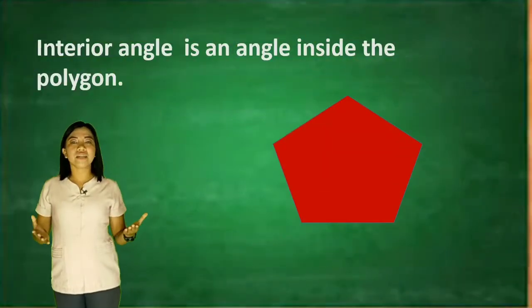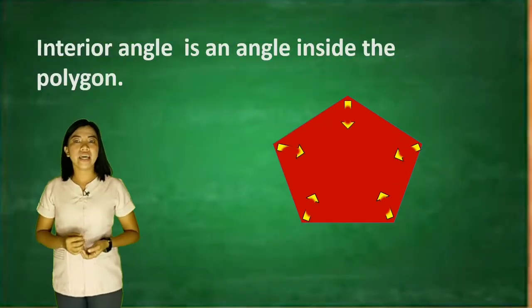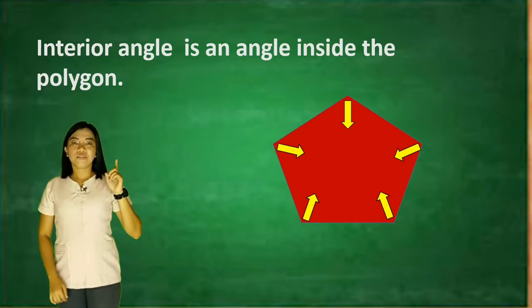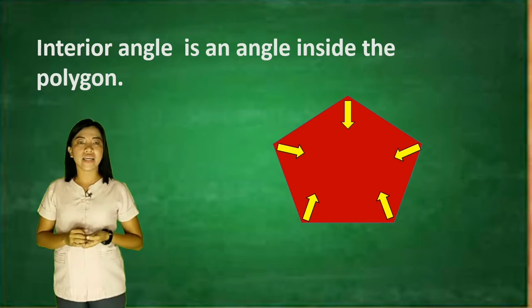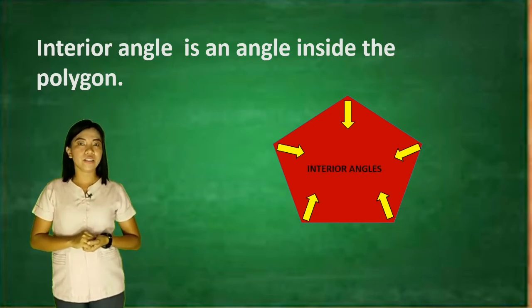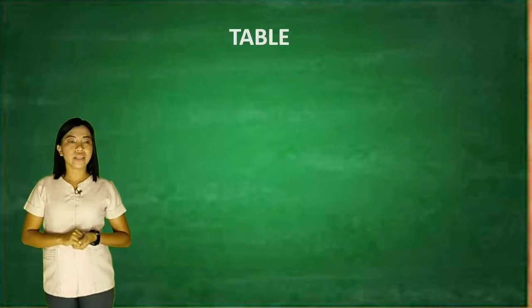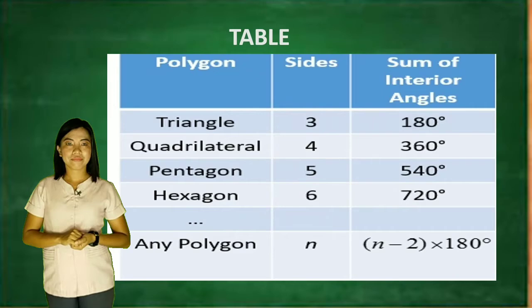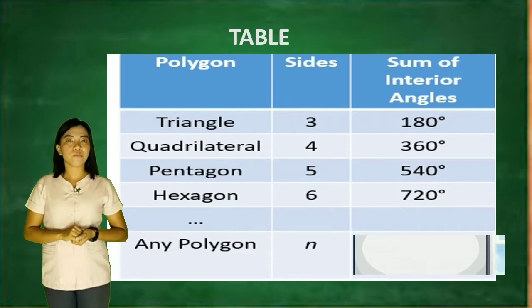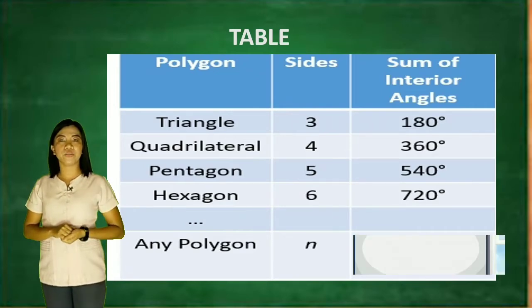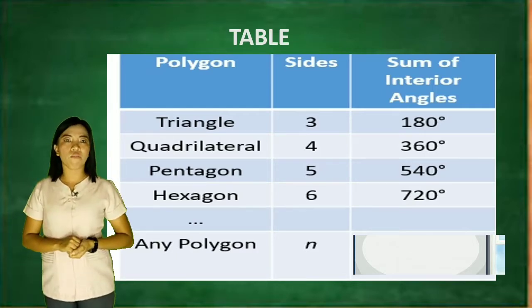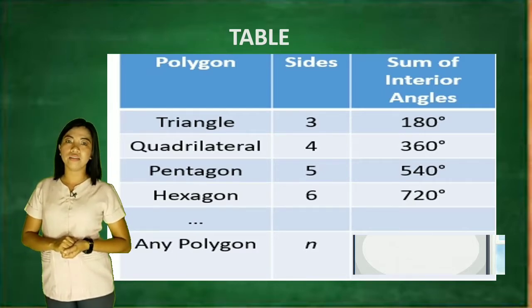When we say interior angle, it is an angle inside the polygon. And to get the sum of the interior angles of a convex polygon, you don't need to use a protractor. You can compute it using a formula. Now, considering the table shown, can you identify the formula in computing the sum of the interior angles of the polygon?